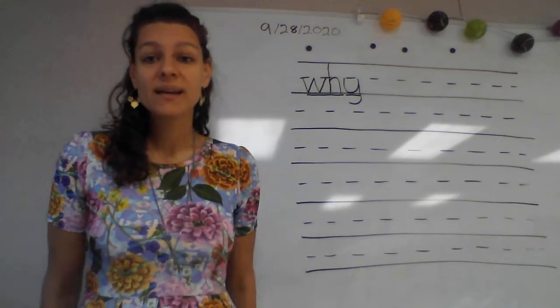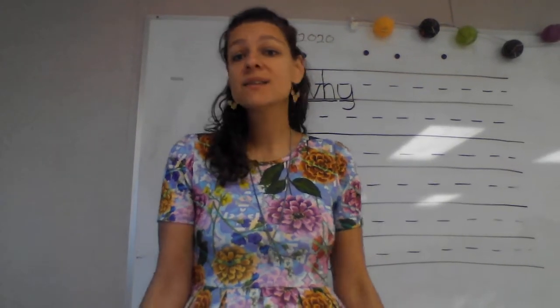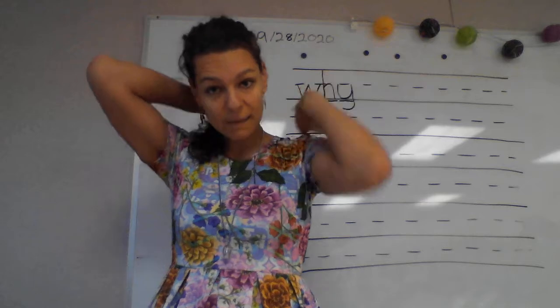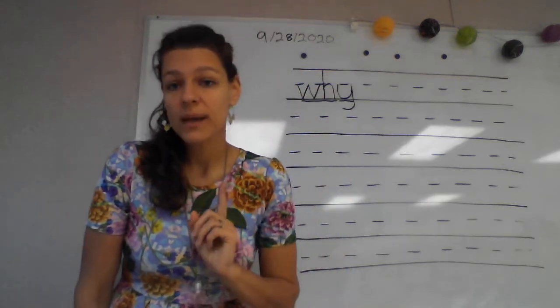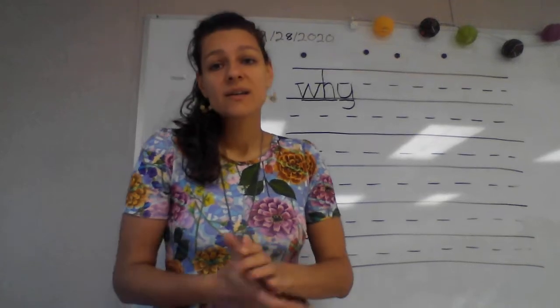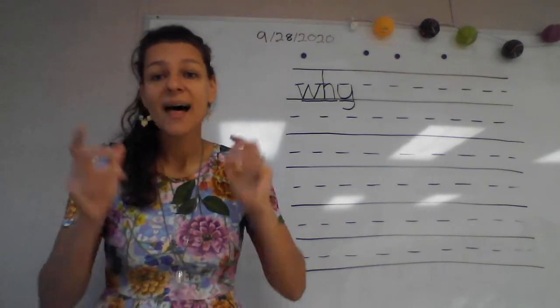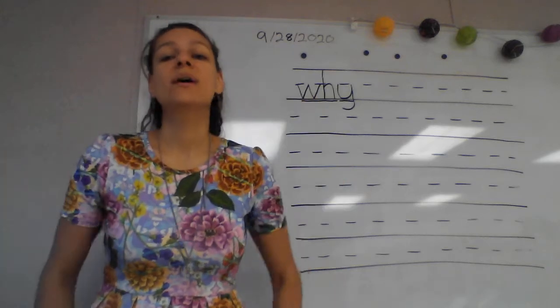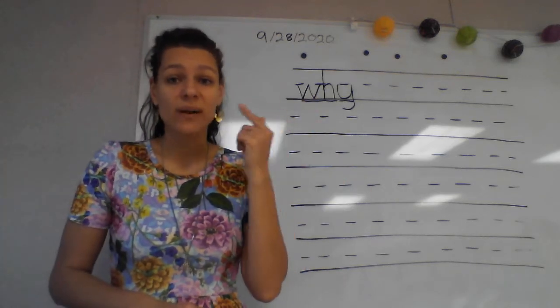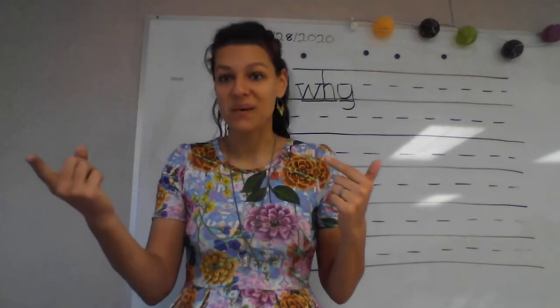Class, what's the word? Good, bin. You have been holding your pencils correctly. Bin. Bin is what we call a two-way word. All right, so before we start it, let me quickly explain that to you. A two-way word is a word that we say one way when we're speaking, but to spell it correctly, we say it a different way.